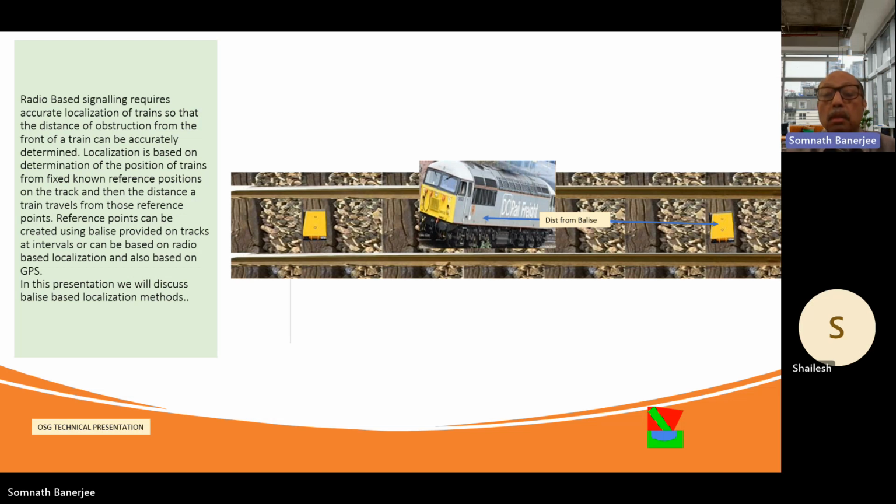As we mentioned, this cannot be and will not be accurate, and therefore the distance from the balise will not be exactly equal to what it actually is. And for safety, again, the train is assumed to be localized by an amount equal to the error in rear of the train.